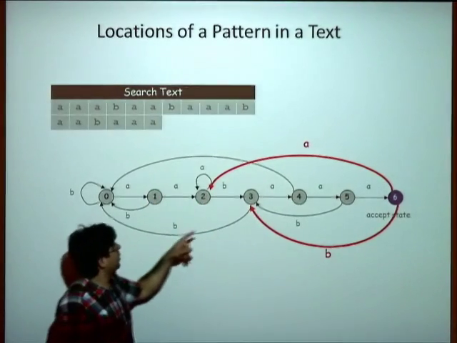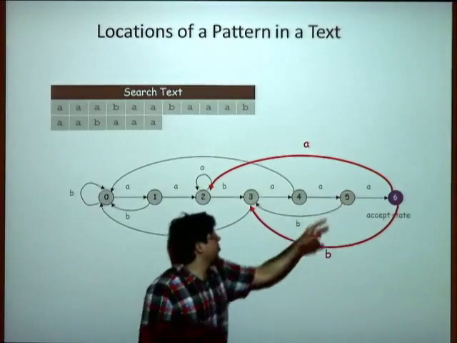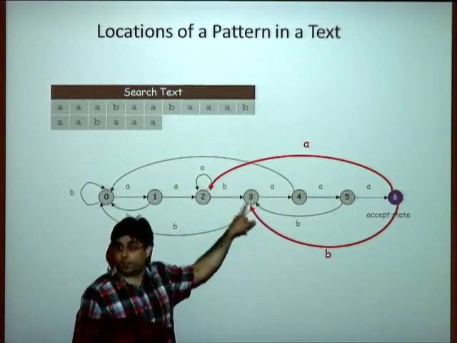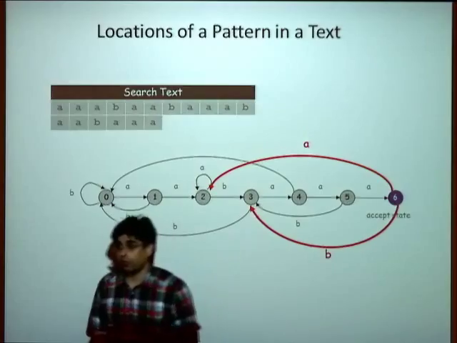If I get a B, I have an A and a B, so I'll go to this state, which is AAB state, so that you start the process again. This way, every time the pattern exists in the text, you go to the accepting state once. That's what happens with this type of DFA.